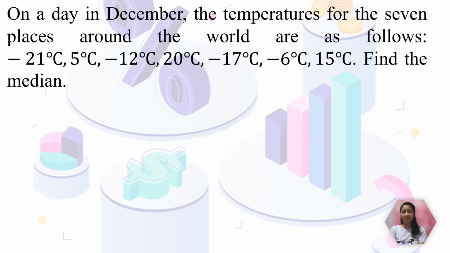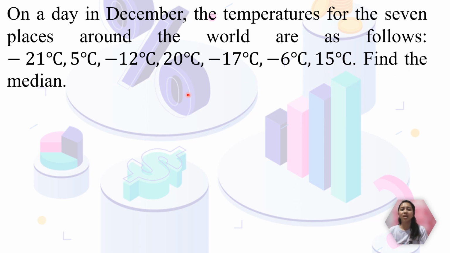On a day in December, the temperatures for 7 places around the world are as follows. We have negative 21 degrees Celsius, 5 degrees Celsius, negative 12 degrees Celsius, 20 degrees Celsius, negative 17 degrees Celsius, negative 6 degrees Celsius, 15 degrees Celsius.